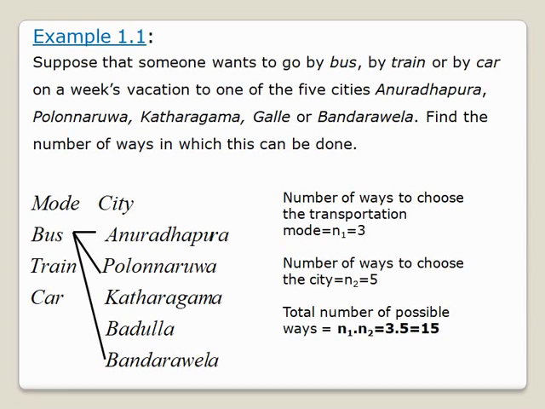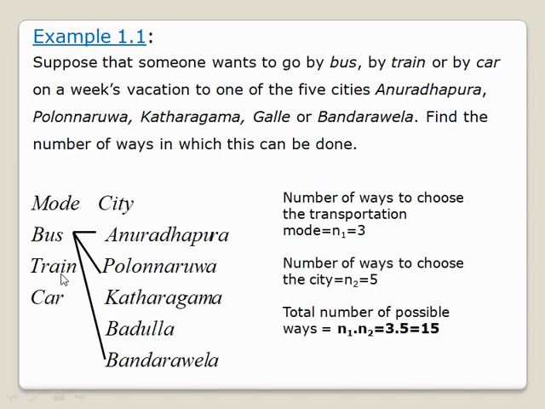Let's look at the first example. Suppose someone wants to go on a vacation either by bus or by train or by car to 5 selected cities, let's say Anuradhapura, Polonnaruwa, Kataragama, Galle or Bandarawela. Can you find the number of ways in which this can be done? If you choose to go by bus, you may go to either Anuradhapura, Polonnaruwa, Kataragama, Galle or Bandarawela.